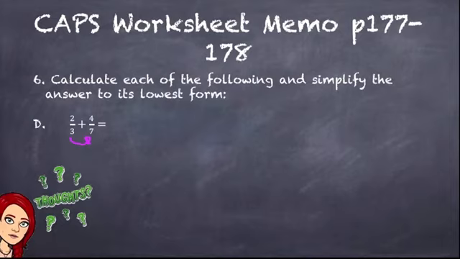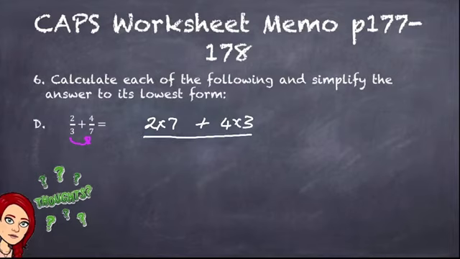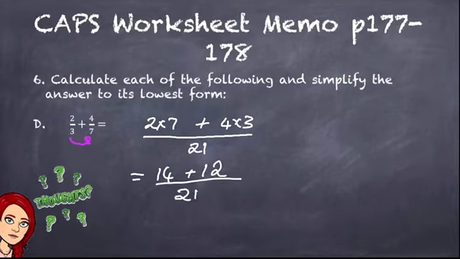What I do to the bottom, I do to the top, so it's going to be 2 times 7 plus 4 times 3. And what is 3 times 7? It is 21. 7 times 2 is 14, and 4 times 3 is 12 over 21. That gives me 26 over 21.